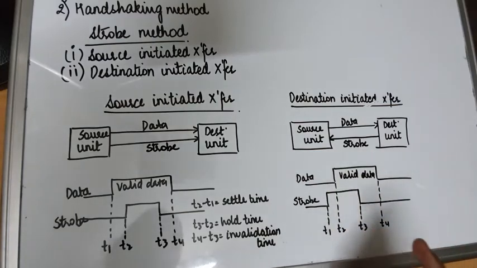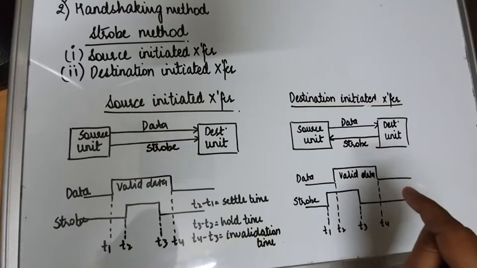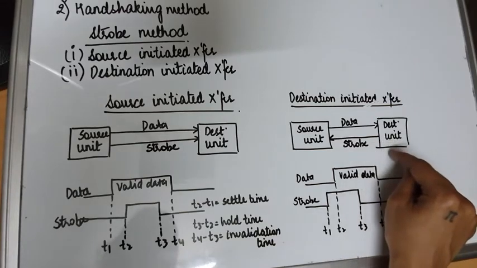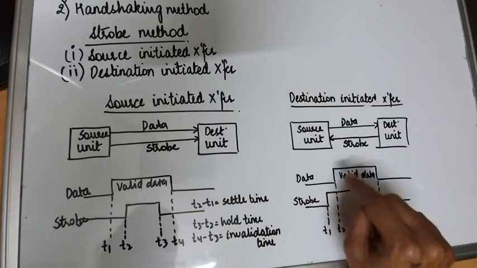From the timing diagram, now the destination unit is ready for data transfer. So at time t1, it enables the strobe signal.